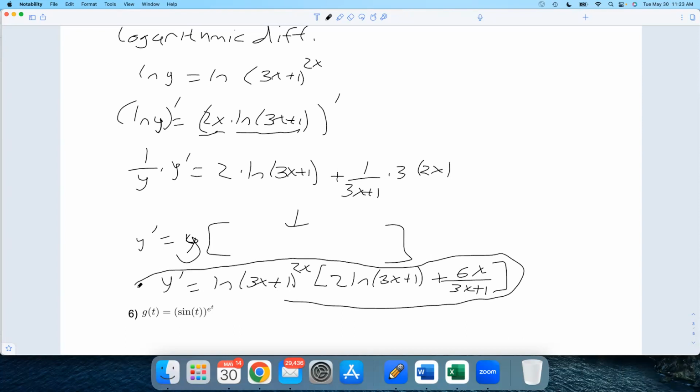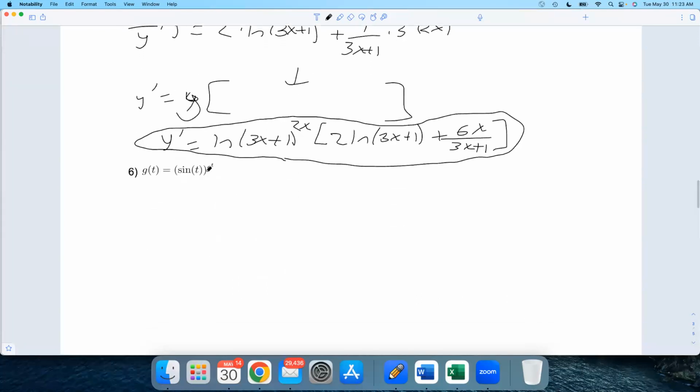And the only way we could have gotten here is logarithmic differentiation. We're going to need that on this too. Anytime you've got your independent variable up in an exponent, you're probably going to need logarithmic differentiation. So let's call this guy y. This is sine of t raised to the e to the t power.